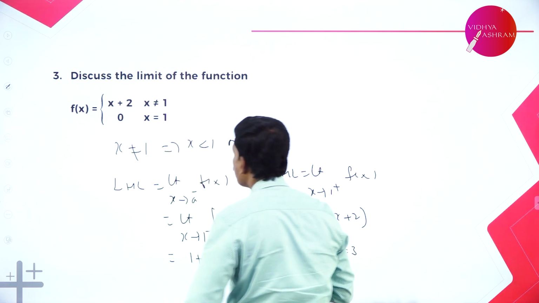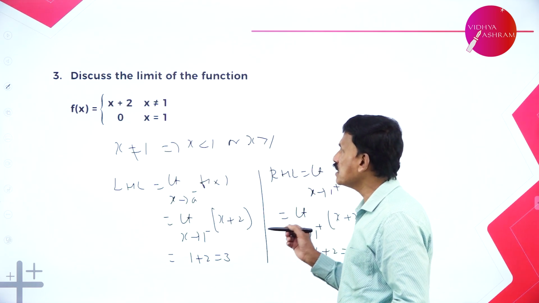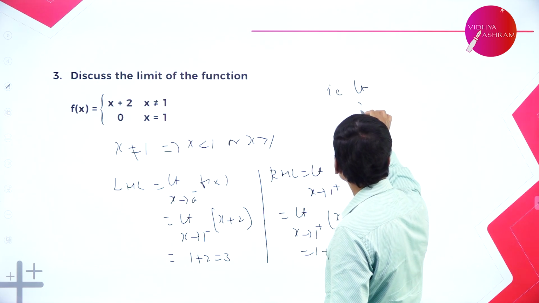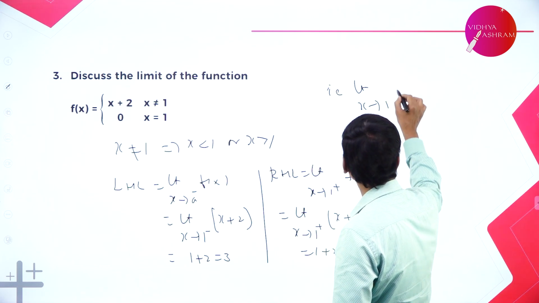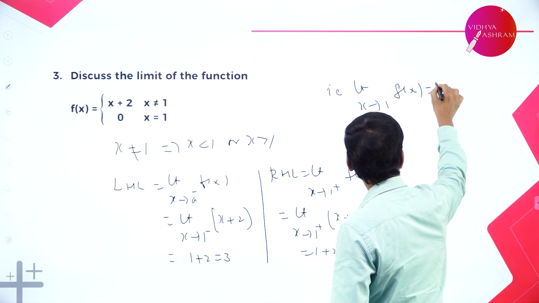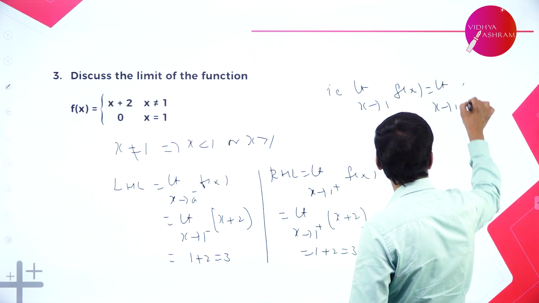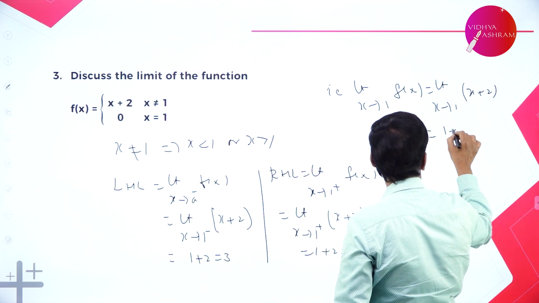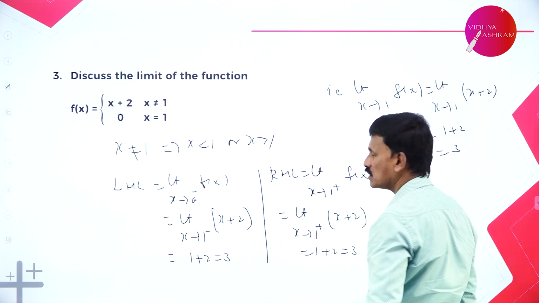That means since when x is not equal to 1, the left hand limit and right hand limit are the same. That is, limit x tends to 1 of f of x is equal to limit x tends to 1 of, what is f of x, x plus 2. That's equal to 1 plus 2 is equal to 3, right?